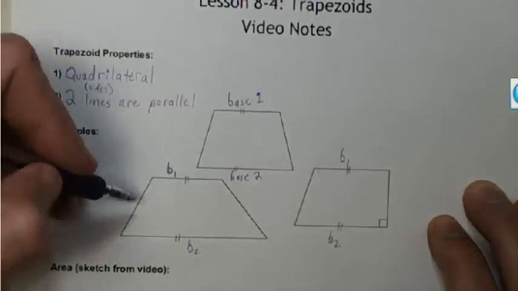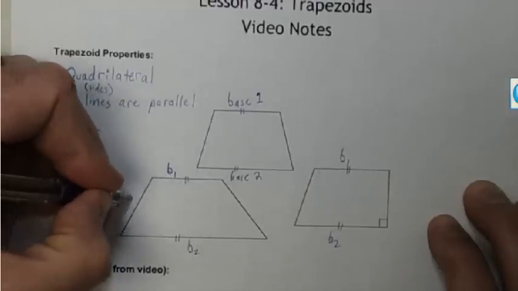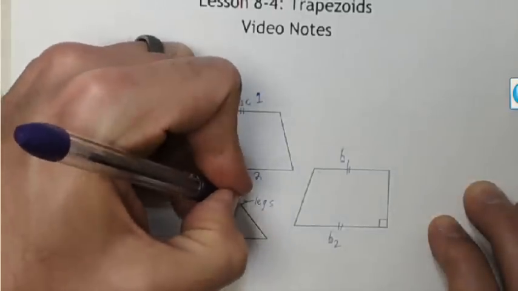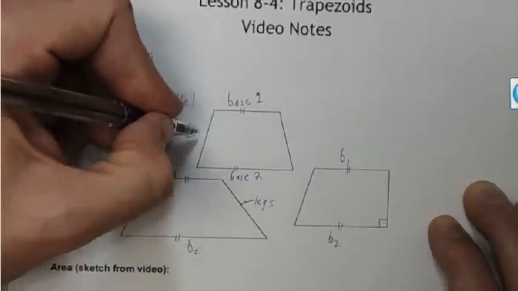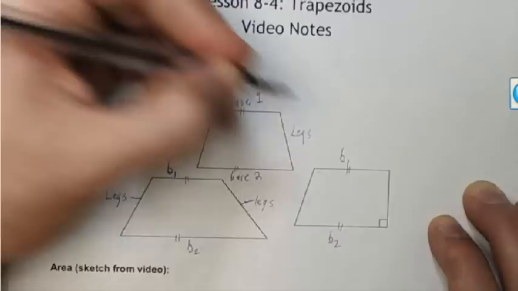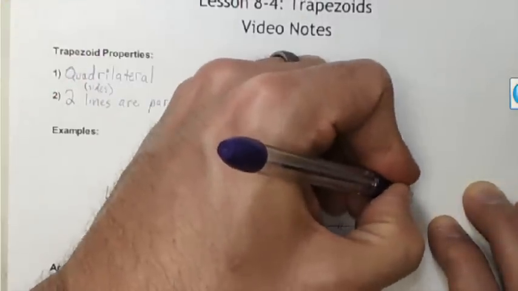The sides that are not parallel, we're going to call those legs. Right, so we've got legs on either side. Those are the legs. So this example right here, this would be legs, and these are the legs right here.